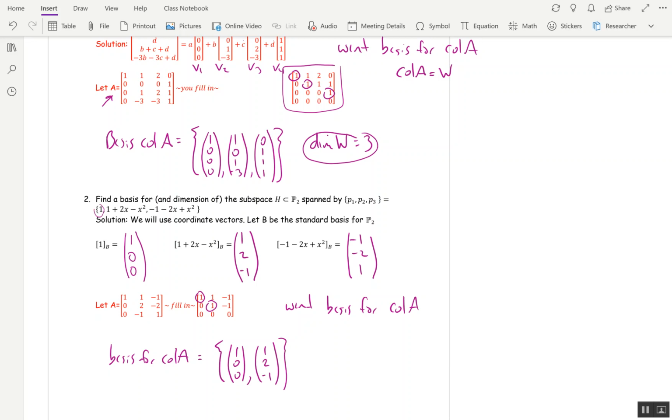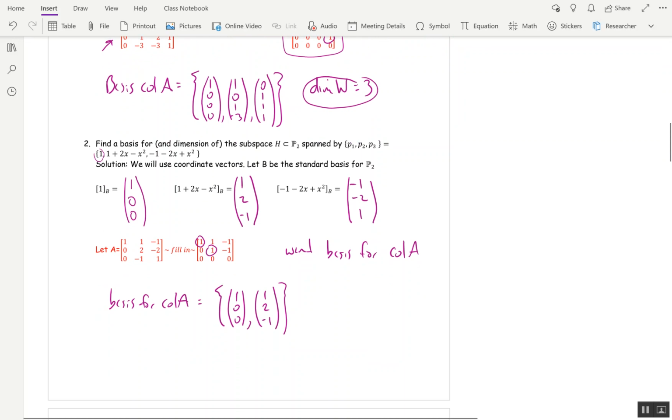All right. But let's go back and read the problem. Find a basis for the subspace H spanned by those 3 polynomials. So I want to give my answer not as vectors in R3. I want to give my answer in terms of polynomials.